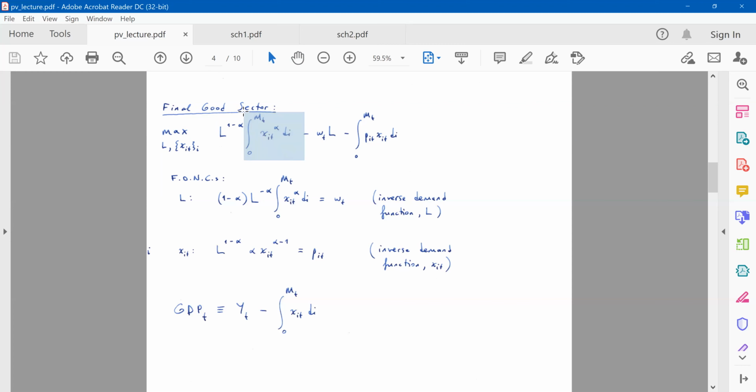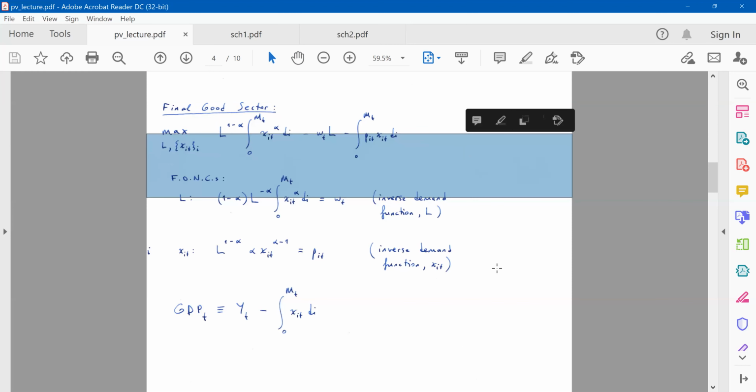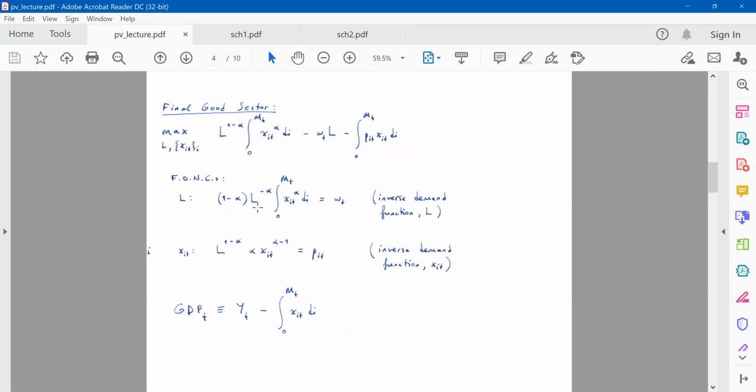As if it is not there. So if you want to take the partial derivative with respect to L, you are just taking the derivative, and then what you find is the inverse demand function for labor. So the firm's inverse demand for labor is that. And then you have this term.